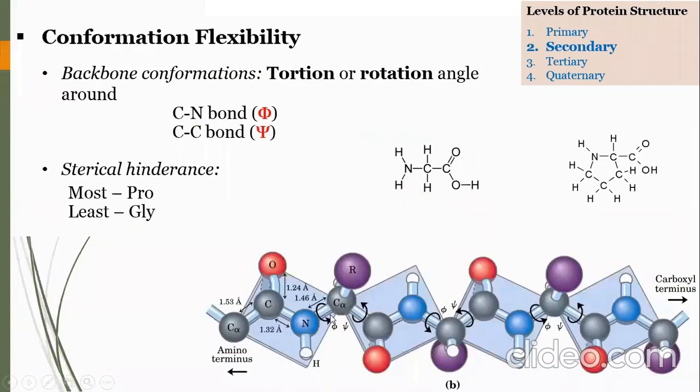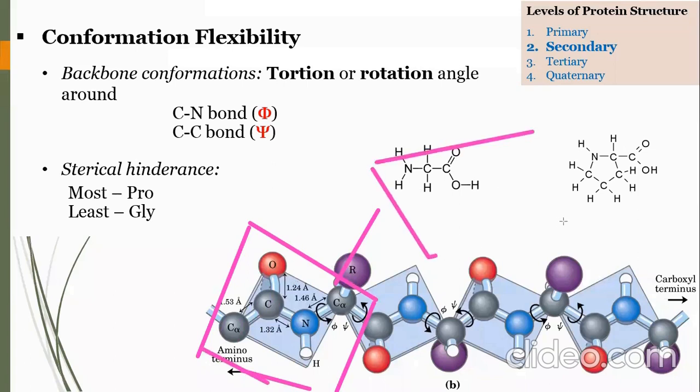How could we know whether this whole plane can move from here to here? If it moves from here to here, the protein conformation is now different.